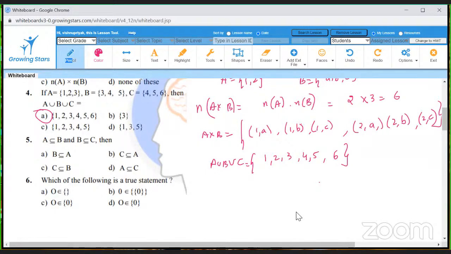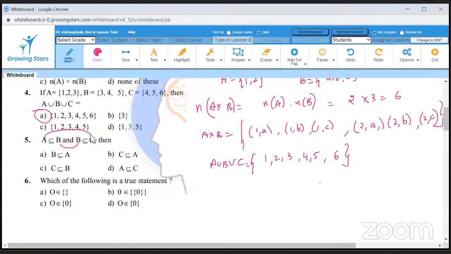Fifth, next one. Everyone, fifth one, you got D. Yes, that's the correct answer. If A is a subset of B, B is a subset of C, then A is a subset of C. In the formula itself, I told you.